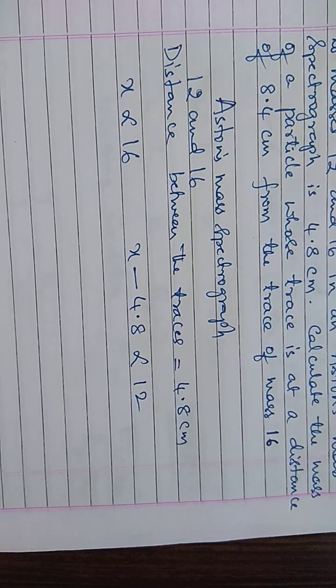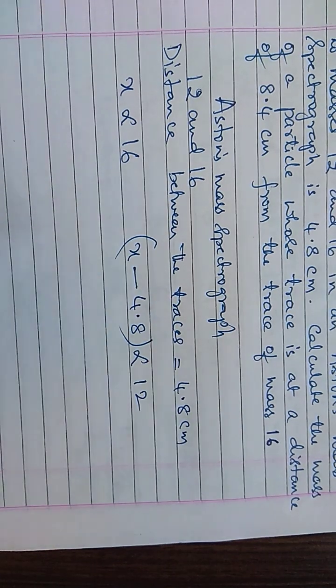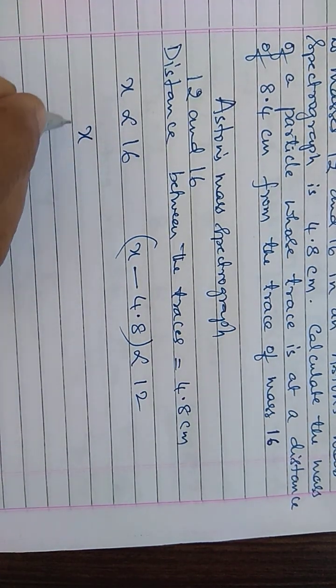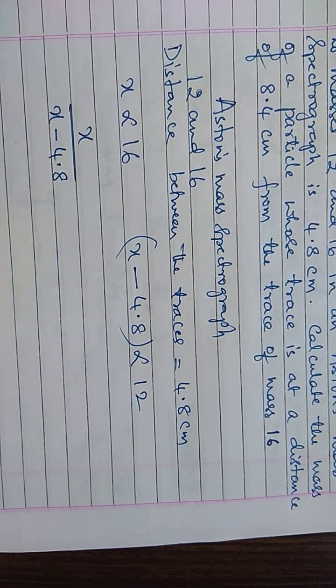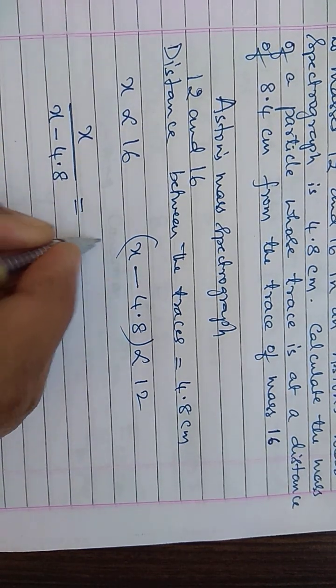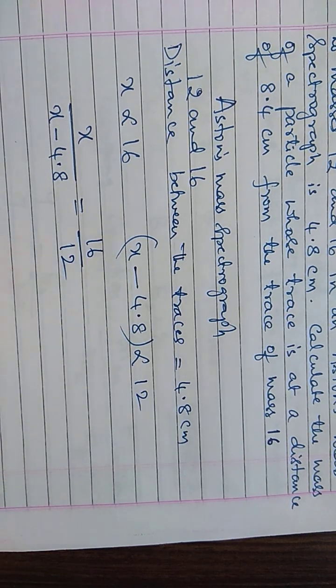Take the ratio. The ratio is taken as x divided by x minus 4.8 is equal to 16 divided by 12.